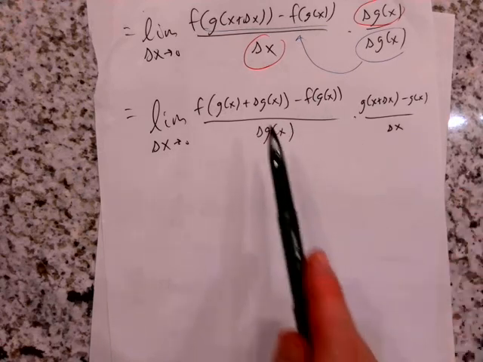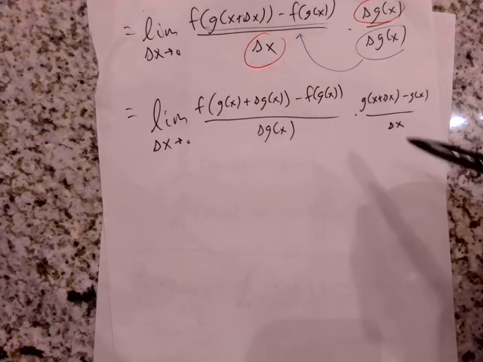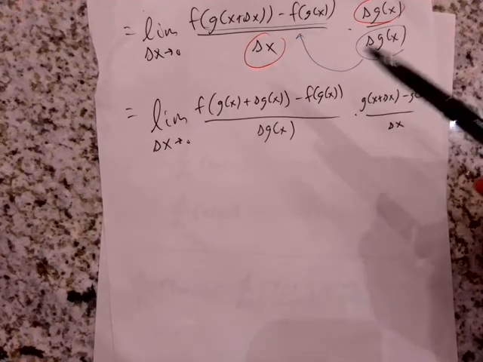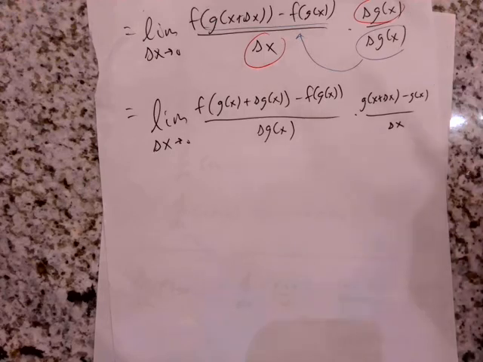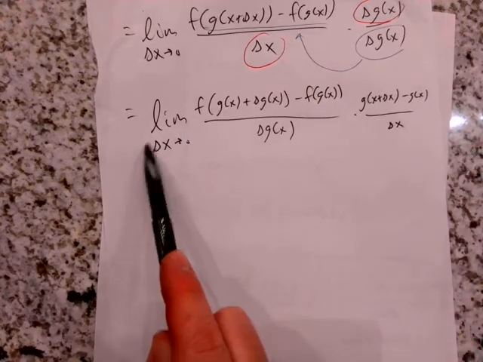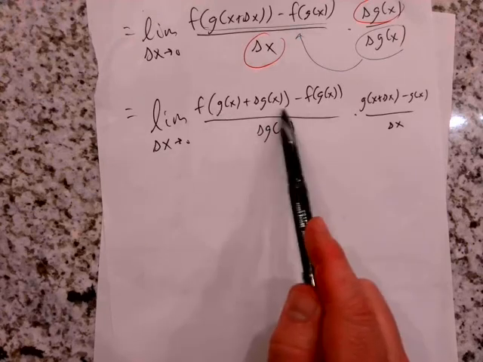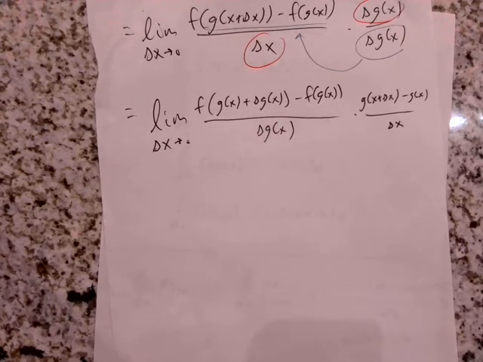If you notice, this expression looks just like f prime, only instead of x, we have g of x's. Because g of x is the input into f, so it's taken the role of x. The only thing that's off is that we have delta x going to 0, and this quotient is using g of x as its variable.